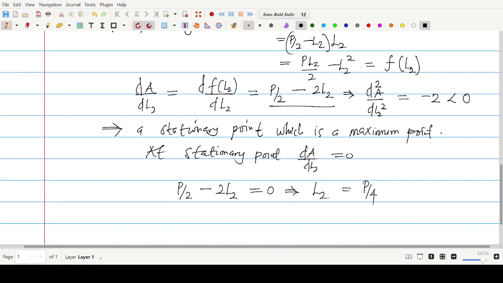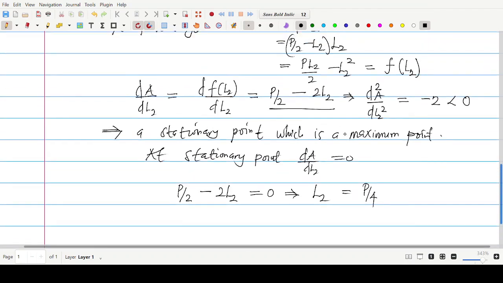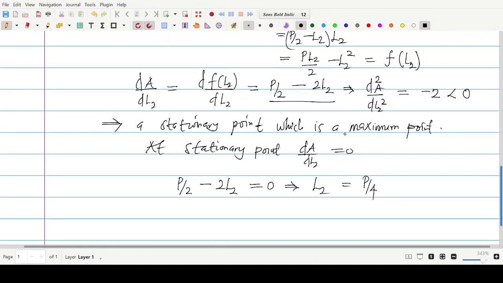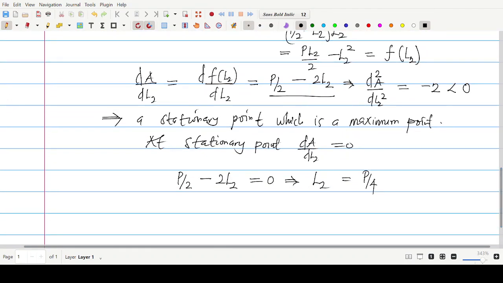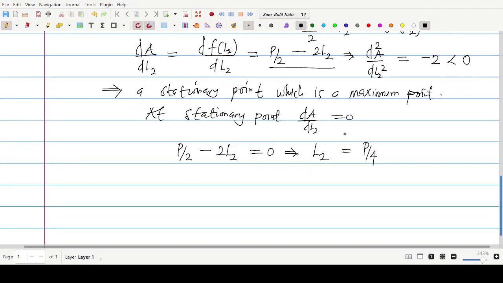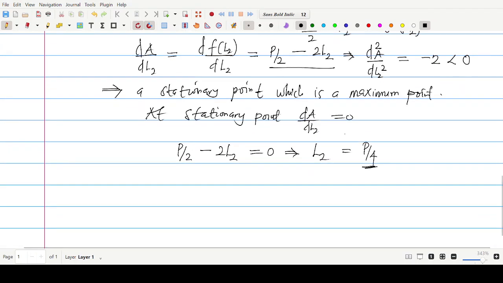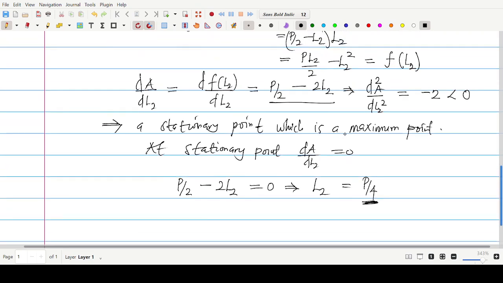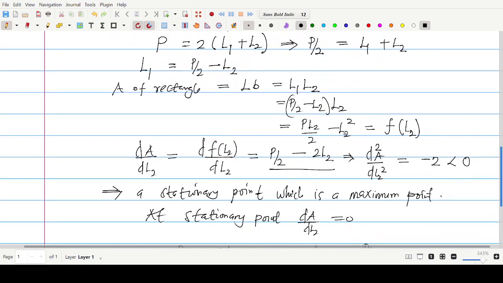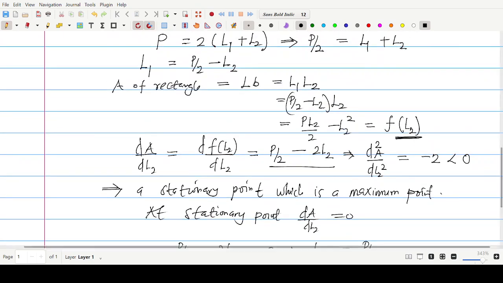So we now have the breadth of the rectangle to be the length of the square above. All right. Now let's look for the maximum area. We'll put this value into the function. Look at the function over here. Can you see that? To get the area.